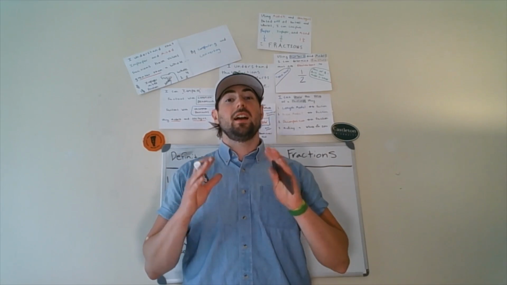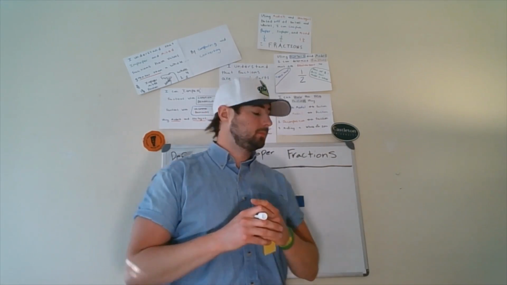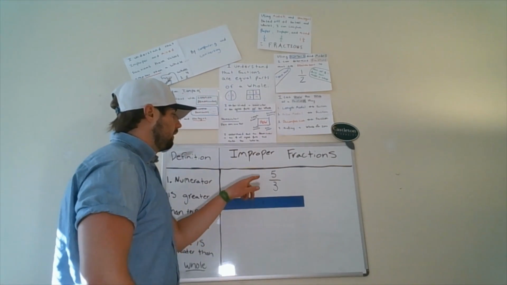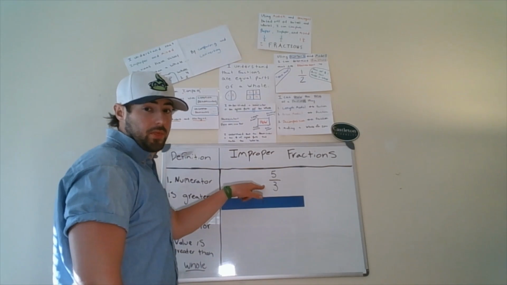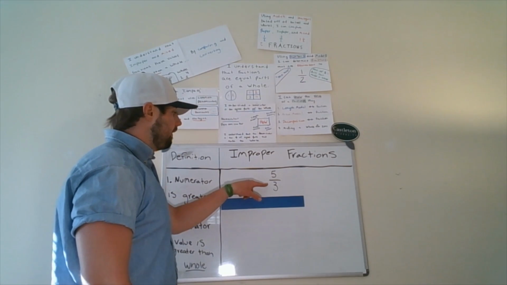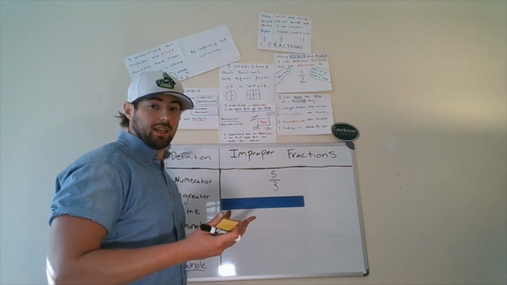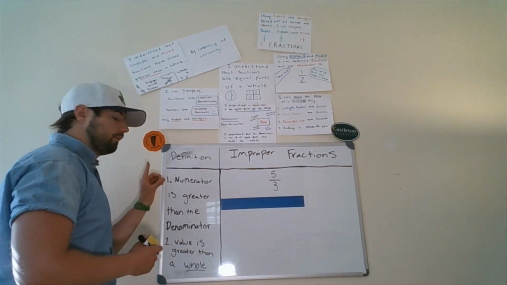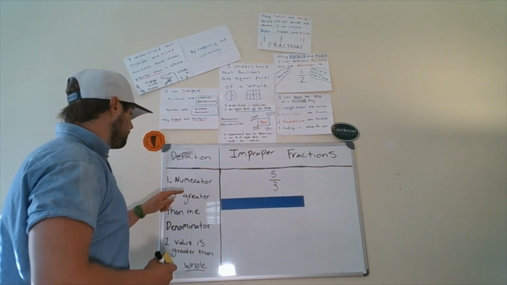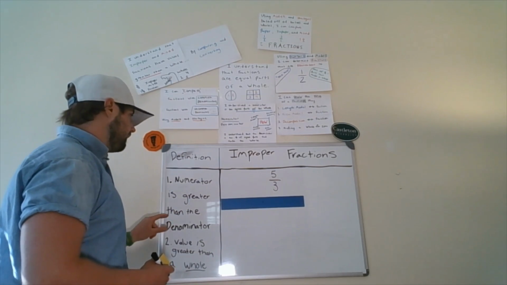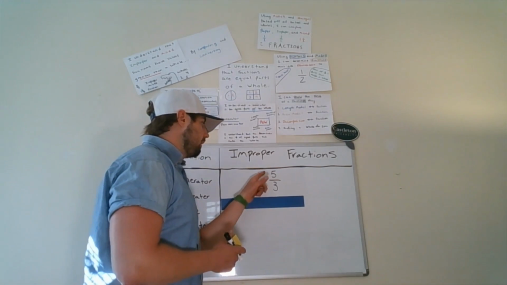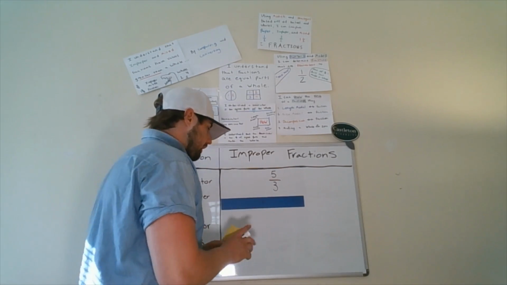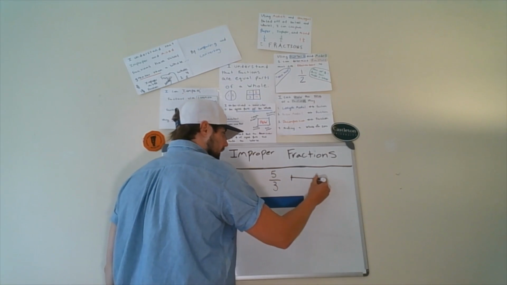Let's take a look at another example. 5 over 3. 5 thirds. Again, an improper fraction, firstly, has a numerator that is greater than the denominator. 5 is greater than 3.